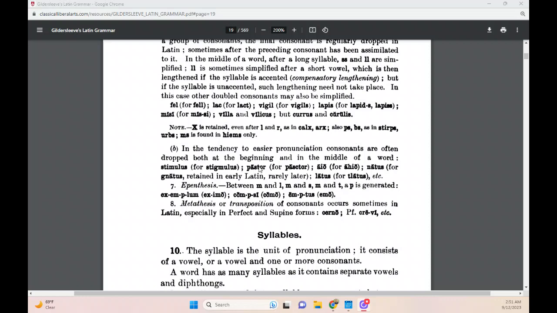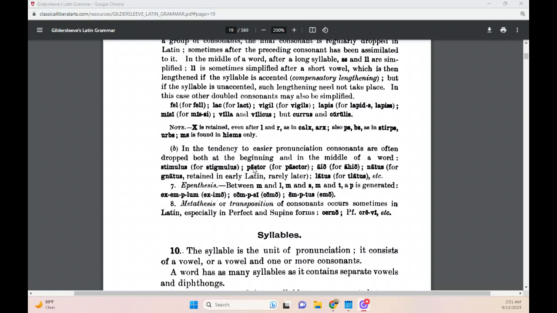So we don't have one consonant between two vowels. We actually have two consonants between two vowels. So the question is, do we divide them down the middle and say pas-tor, or do we keep them together and say pa-stor? So we've got to learn how to divide a word when there are two consonants together in that word.